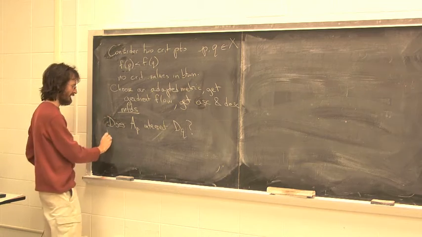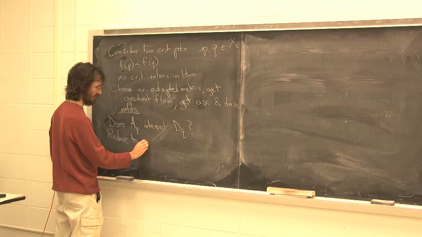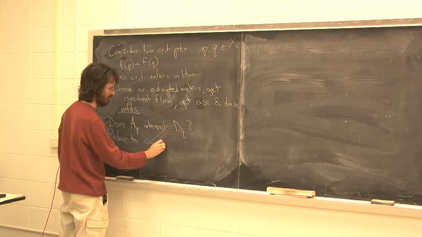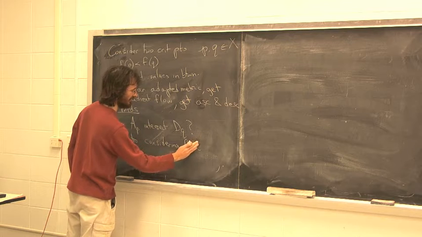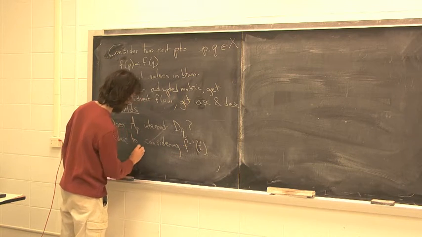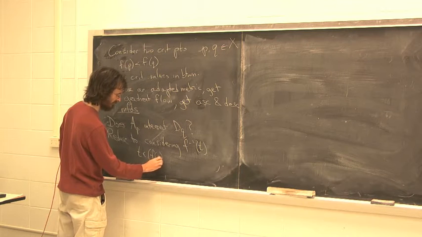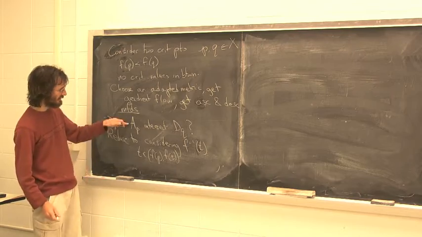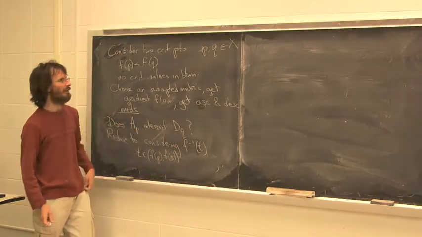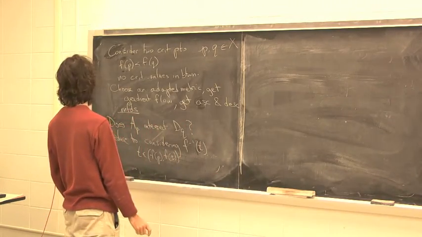So I've reduced to the case of considering f inverse of t, where t is a regular value between f of P and f of Q. And I want to look at the intersections of these with that, and I wish I had some good name for those. Maybe I will.